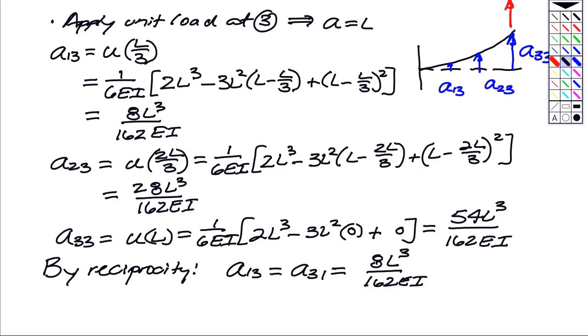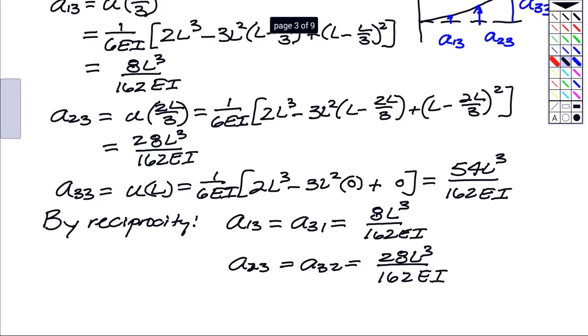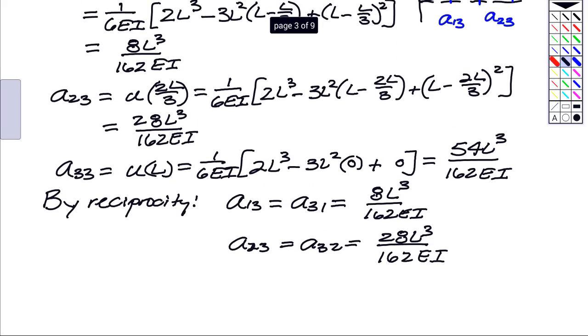And reciprocity also gives us that A32 and A23 are the same. And as we had above, that's 28L cubed over 162 EI. So with one application of a force, we have picked up, what, 5 other terms.